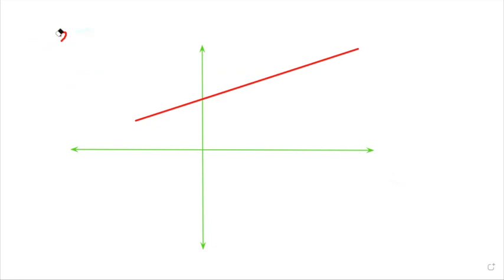So in green, I've drawn the coordinate axes, that's the x-axis and the y-axis. Then I have a line, the line that's in red.